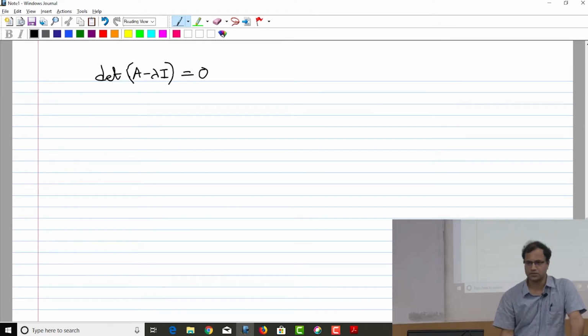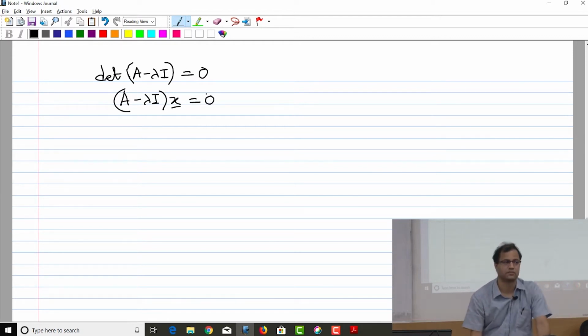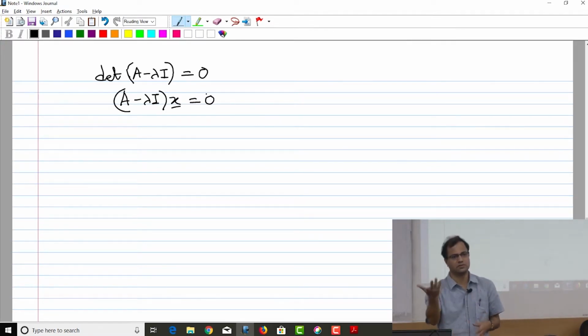So when the determinant of A minus lambda I is zero, we think about this homogeneous system A minus lambda I times x. This will have some non-zero solution, and that will be our eigenvector. So corresponding to each eigenvalue, there exists at least one.